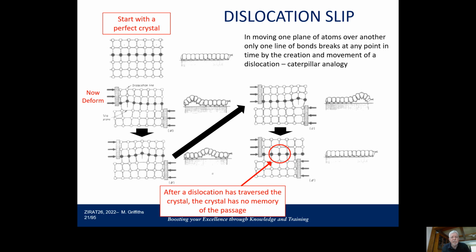It's basically the theoretical strength of the material and is some fraction of the modulus, either the shear modulus or the Young's modulus, the elastic modulus. And we're talking tens of gigapascals in terms of stress in order to break all the bonds at the same time and shift the crystal with respect to the other.